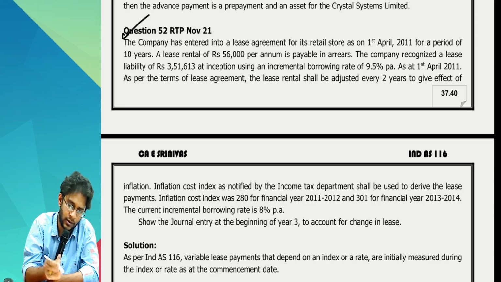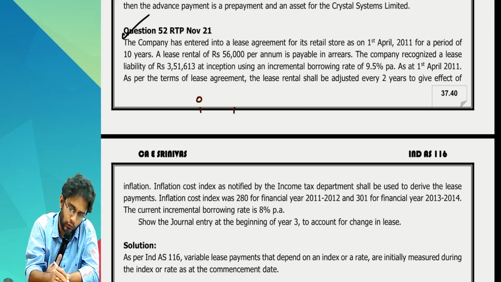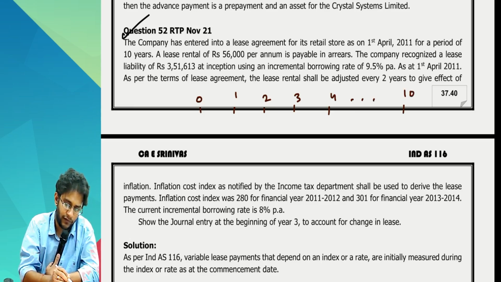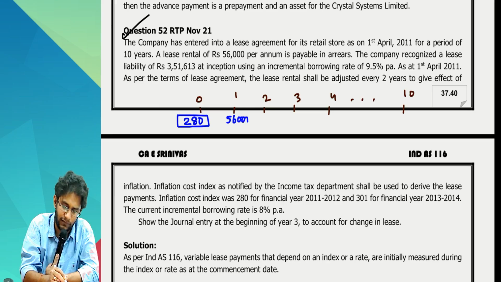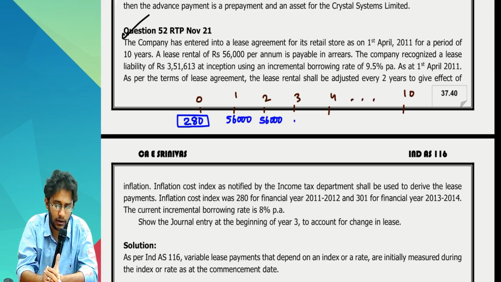Now, when you started the lease contract, very first day, 0, 1, 2, 3, 4, up to 10 years, your first day, the index was 280 and your lease rent based on that will be 56,000. Third year, fourth year, lease rent will be different because lease rent has to be updated based on inflation index too.